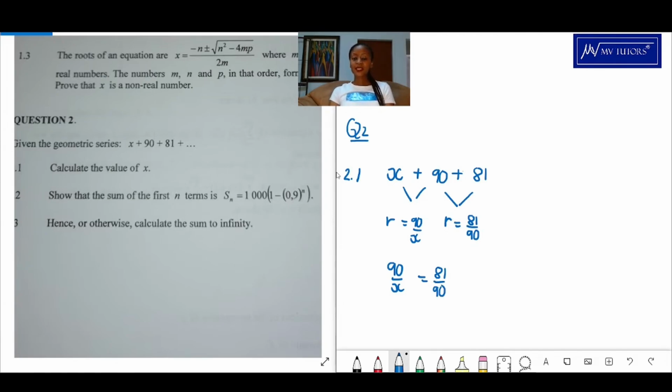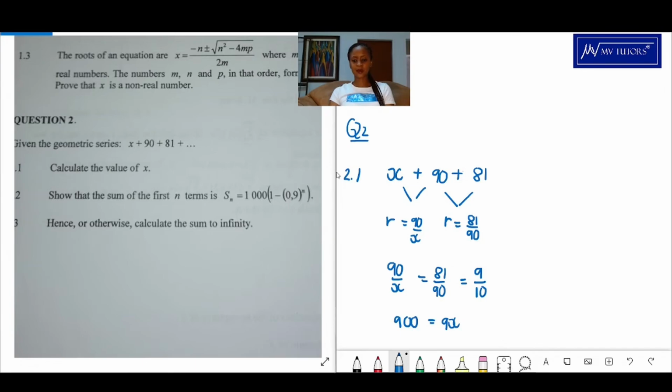Let me simplify this: 81 divided by 9 is 9, and 90 divided by 9 is 10. That's much better, I don't want to work with very huge numbers. So I take x to the right-hand side and 10 to the left-hand side. I have 900 on this side, and I have 9x.